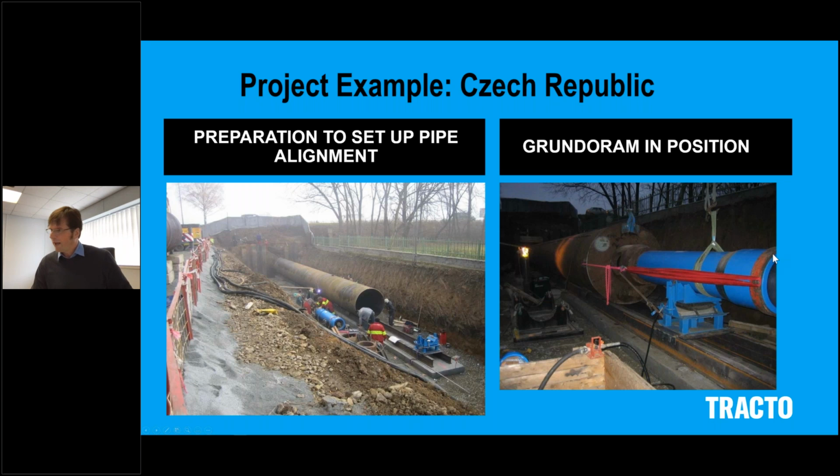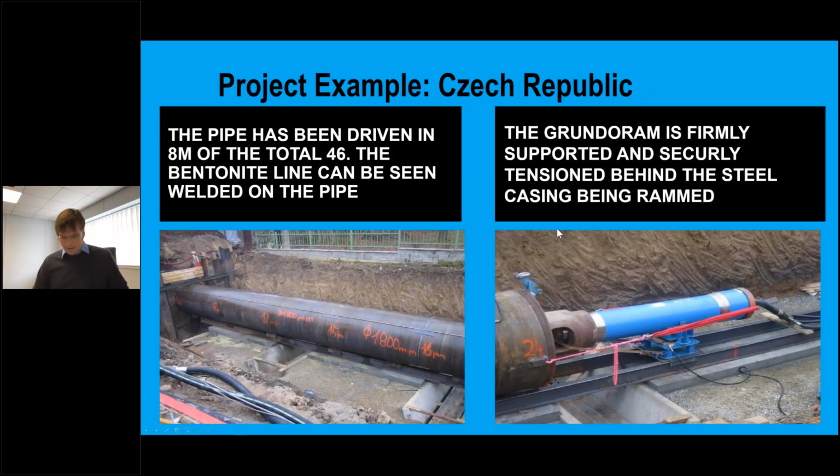The red ring here on the end of the rammer is the pushing plate, and they used a combination of steel chains and straps to firmly hold the rammer in place. Also good practice is to mark the pipe with the distances that you're doing.